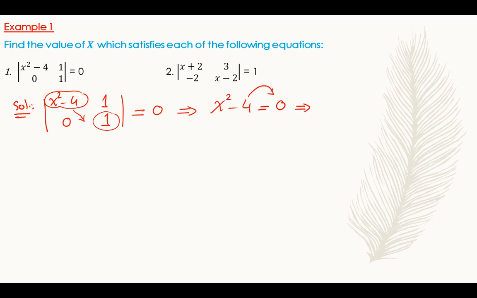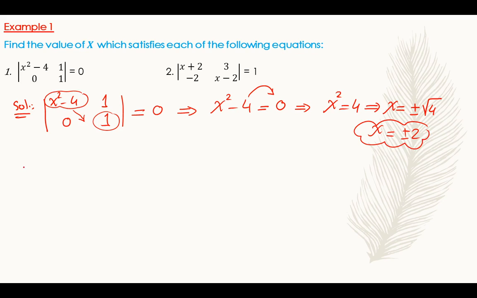Negative 4 will go to the other side, so it will be x power of 2 equals 4. By taking the square root for both sides, x equals positive or negative the square root of 4, and this is equal to positive or negative 2. So the value of x will be positive 2 or negative 2.